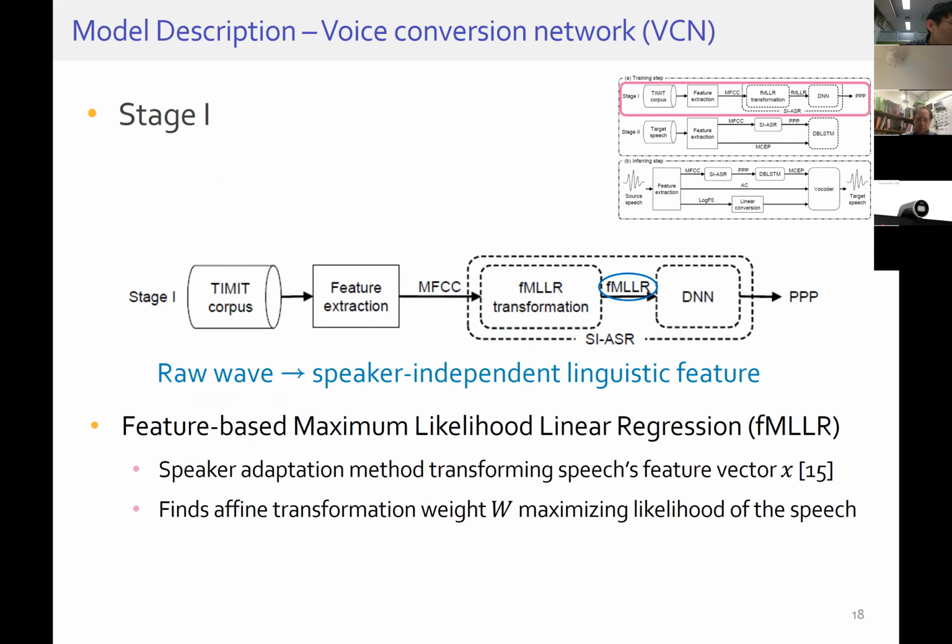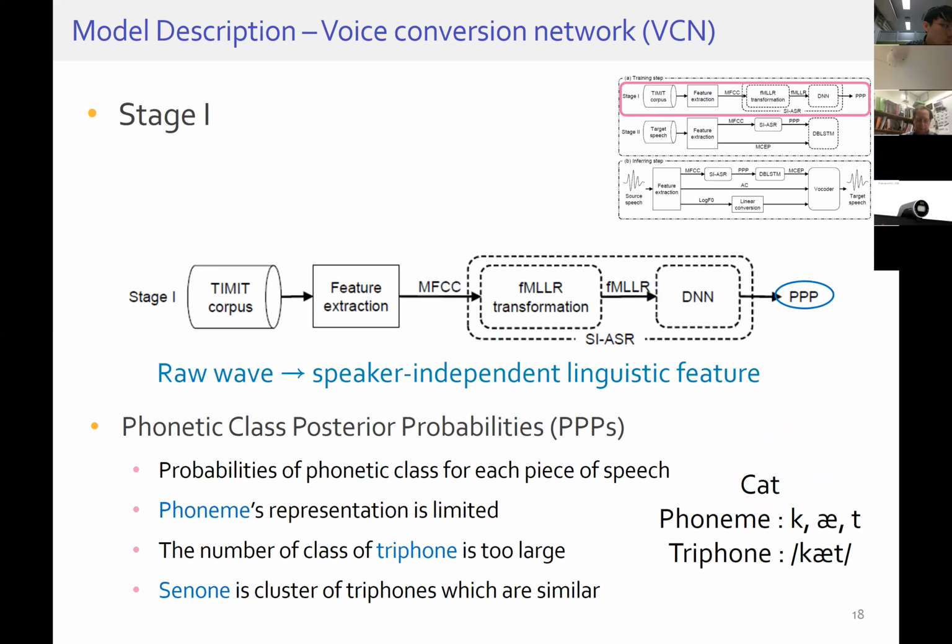Speaker adaptation is to adapt to input voices not in the training set. It finds an affine transformation matrix W to maximize the probability of the input speech. The output of the module is the phonetic class posterior probability, PPP. It is a kind of linguistic feature of the speech.